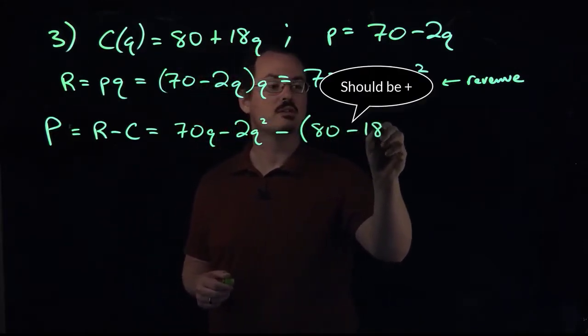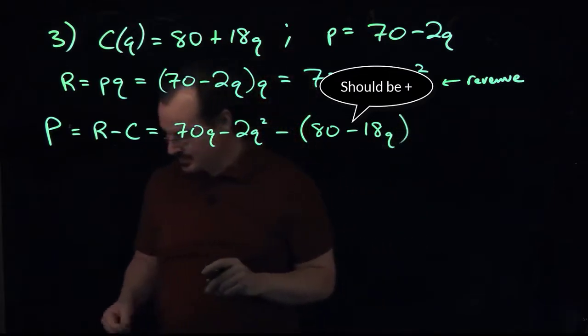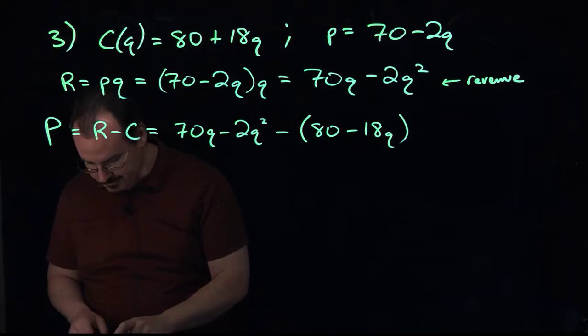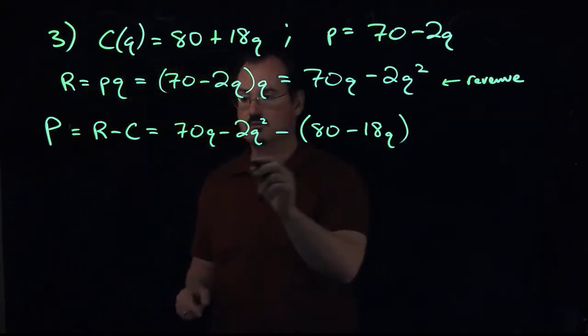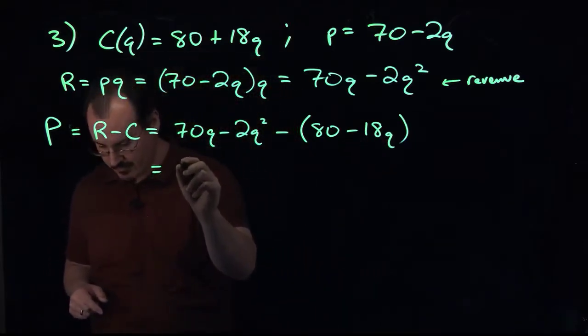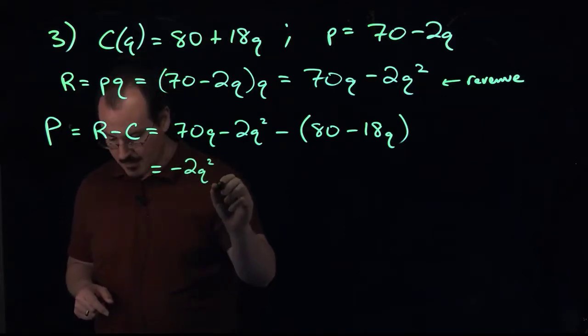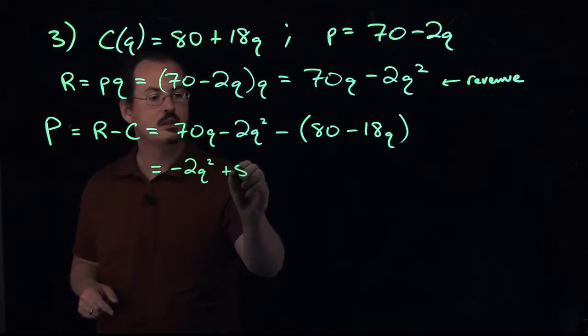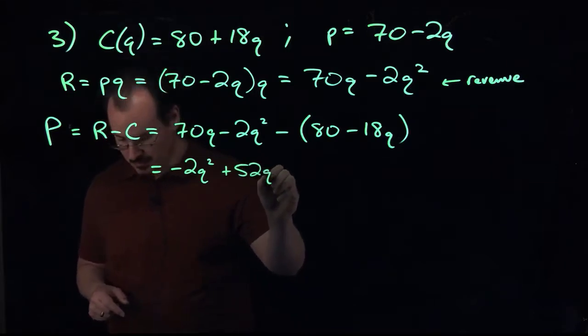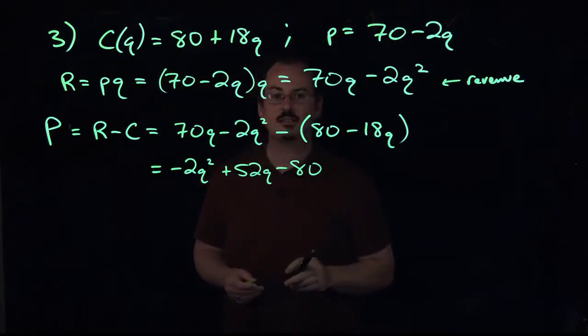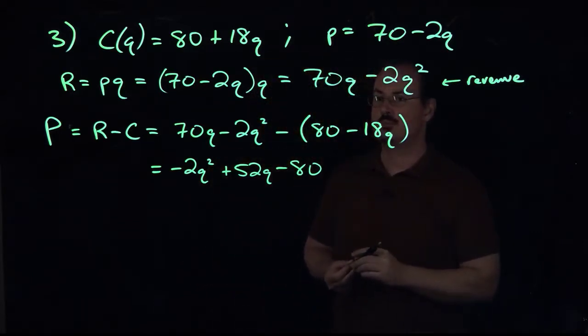That means put parentheses around it, distribute the negative, simplify that. So if you do all that, you get for your profit function negative 2q squared plus 52q minus 80. So there is our profit function. That's the thing that we're trying to maximize.